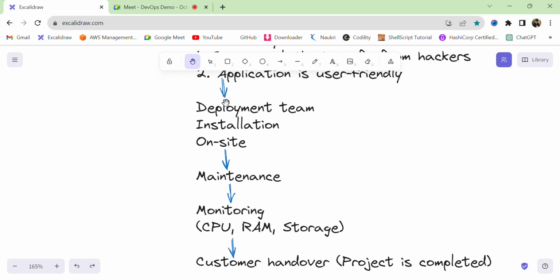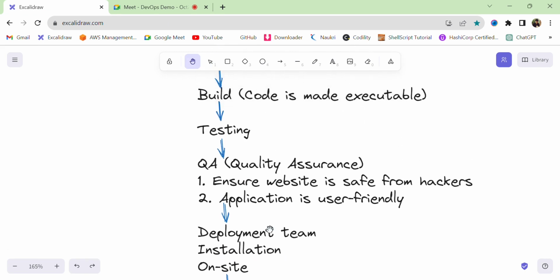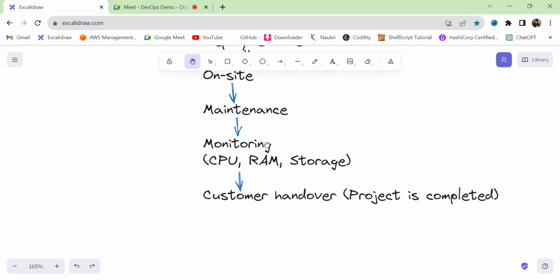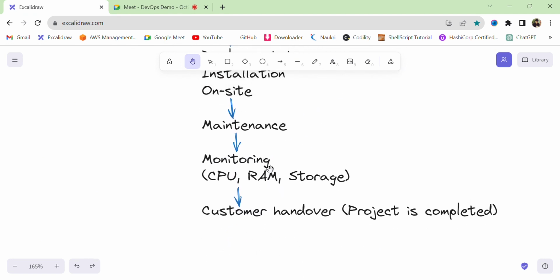You can see that the product has gone through so many processes, and after that the project is completed, and the final handover is done to the customer.